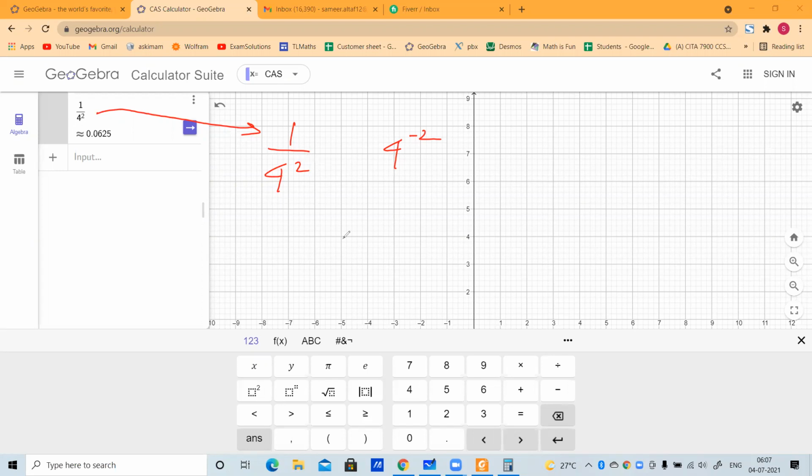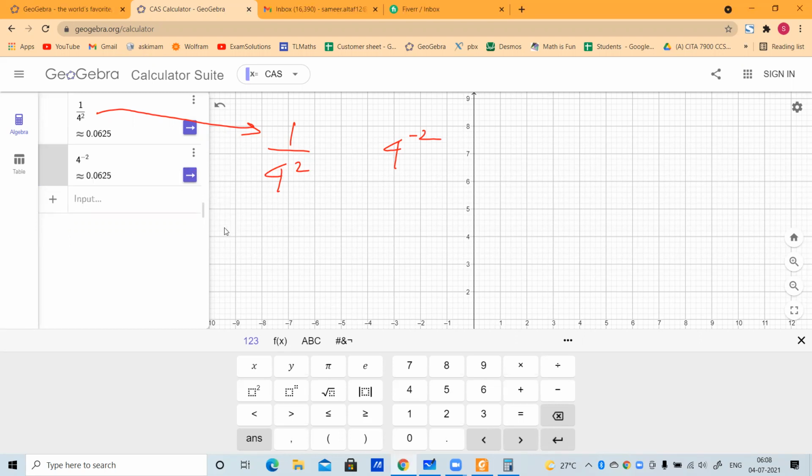Right? Got it. So now I will check what is 4 to the negative 2. It should come out to be the same, 0.0625. So 4 raised to the power negative 2 is equal to, again, 1 divided by 16.